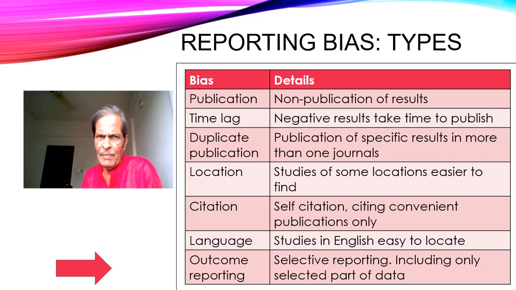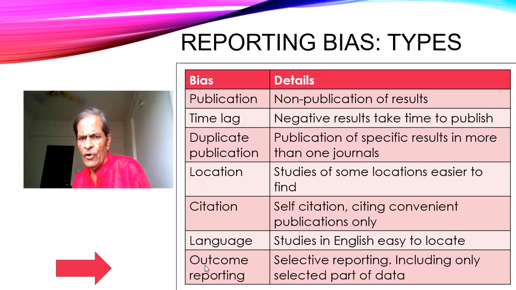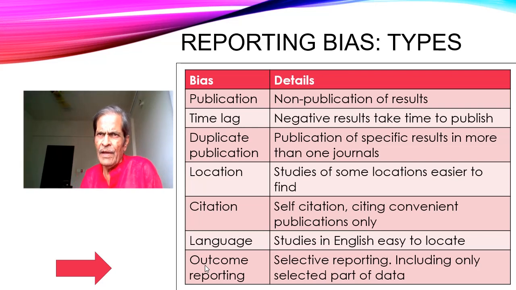So that is the bias in outcome reporting. This may not necessarily be purposeful, because the journals have limited space in publication, and all the observations in the data may not be published.